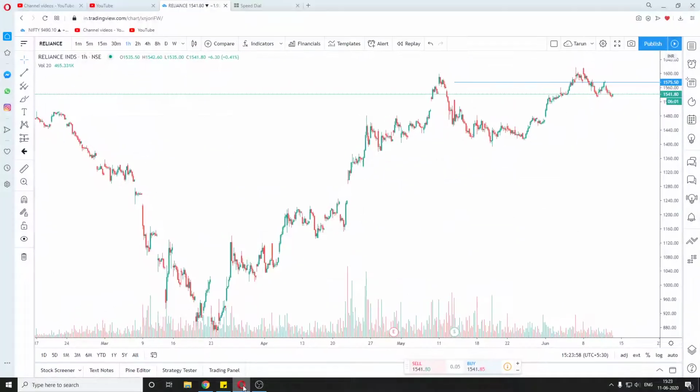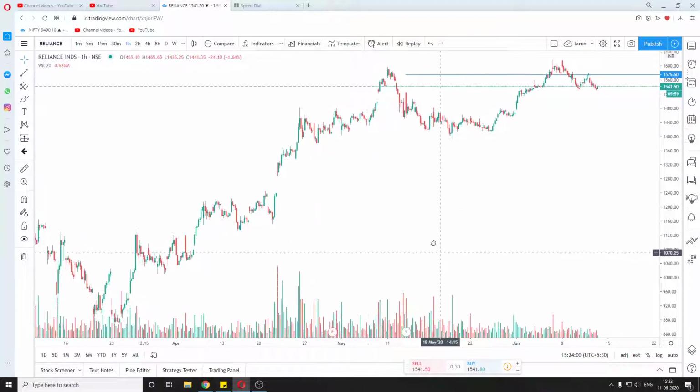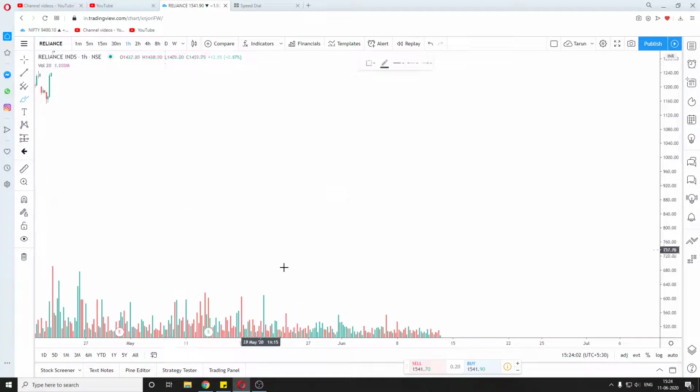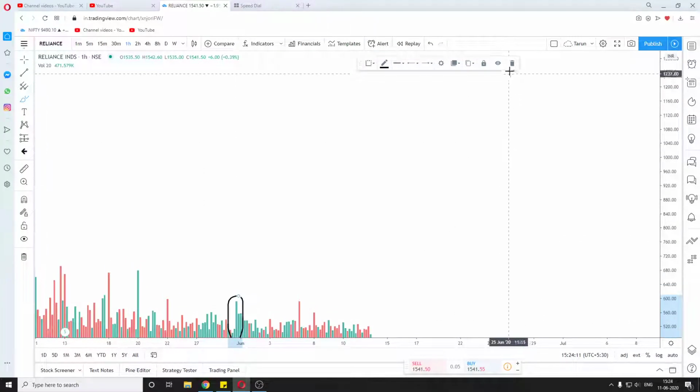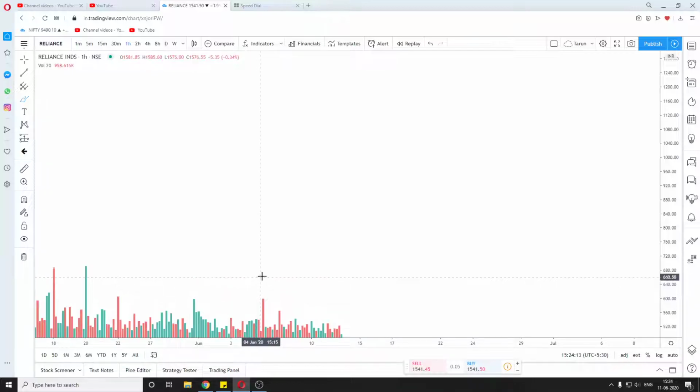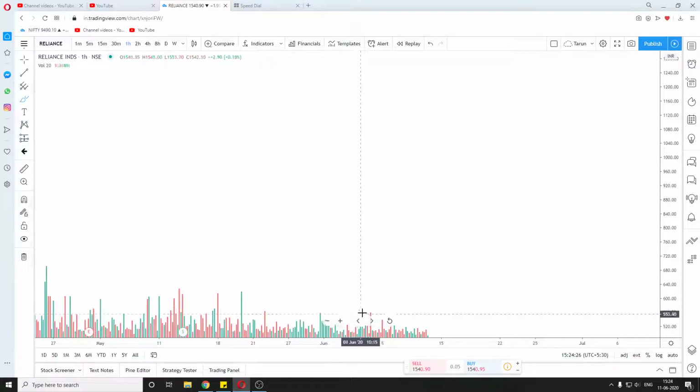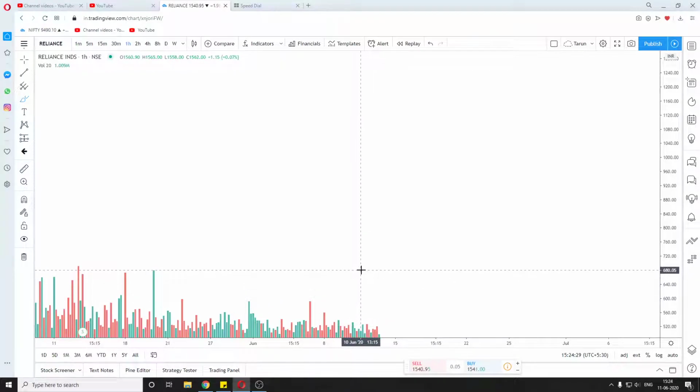So let's start. This is the volume, which represents how many shares have been traded in a particular time. So for example, on 5 June at 9:15 a.m. there have been 5.98 million shares traded.